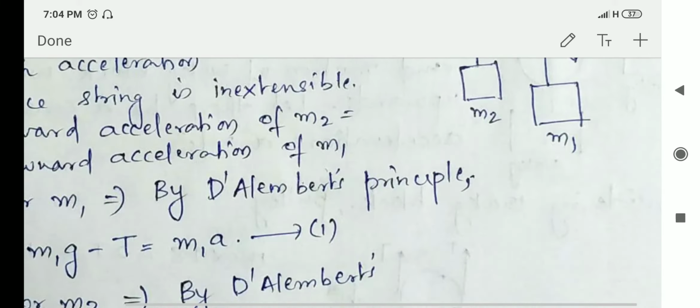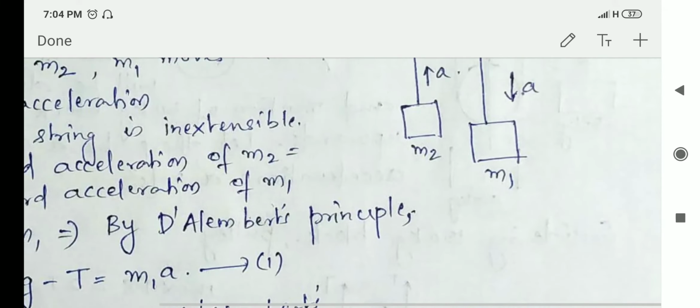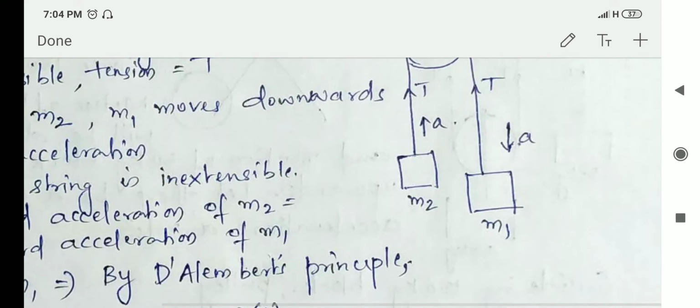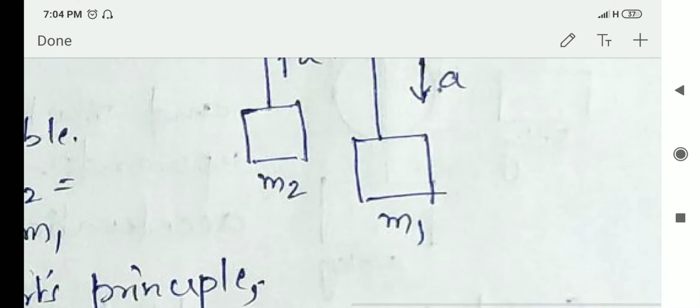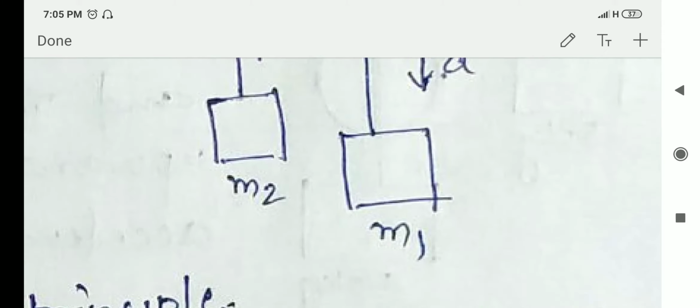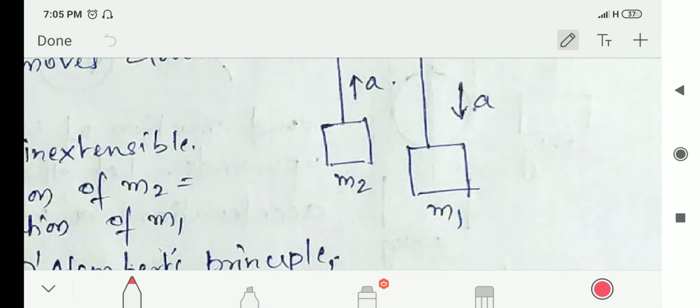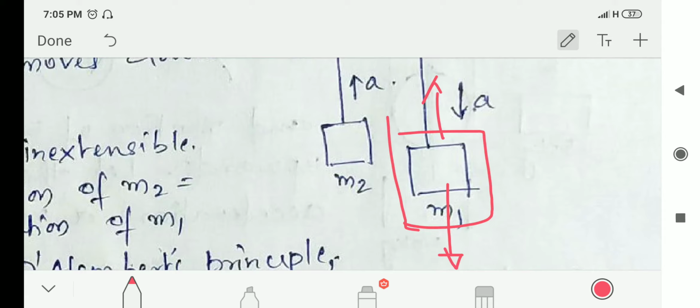So here what we need to do in problems is very simple. We just need to know how to apply D'Alembert's principle for each block. Suppose we consider this block. For this block, self weight will be acting downwards, tension will be acting upwards, right?